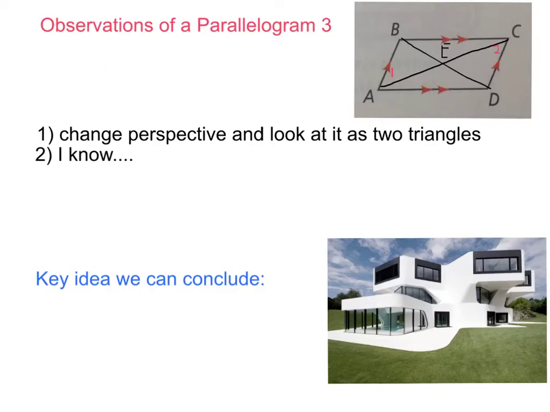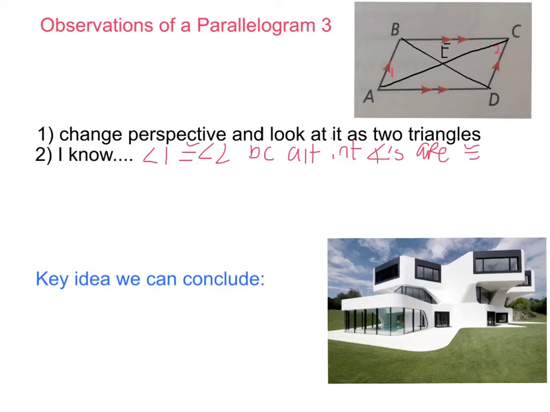What kind of angles are those? Well, look at it. Here's my parallel lines, here's my transversal. Angle 1 and 2 are on alternate sides. So angle 1 is congruent to angle 2 because alternate interior angles are congruent.